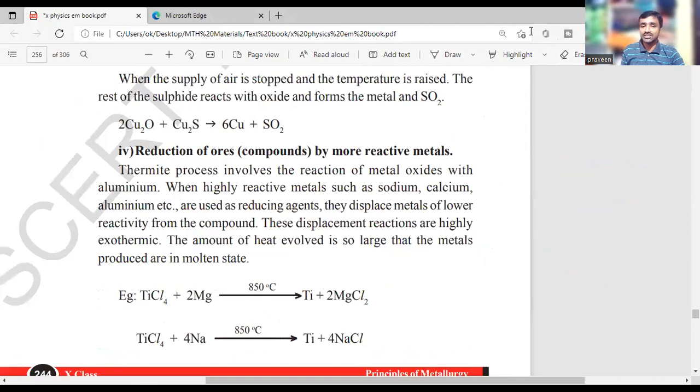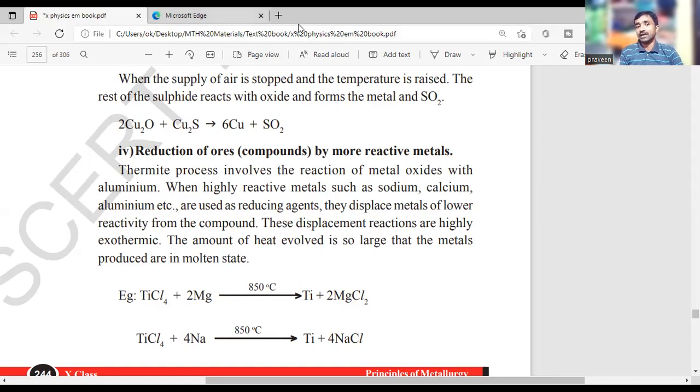Then one more is there: reduction of ores by more reactive metals, sometimes. You carry out a displacement reaction for some metals only, right? So highly reactive metals are used to displace least reactive metals.